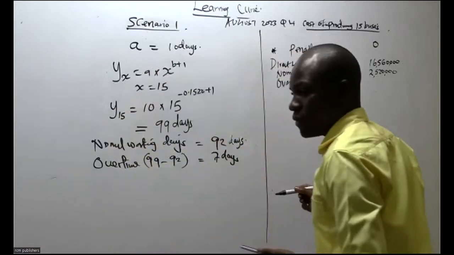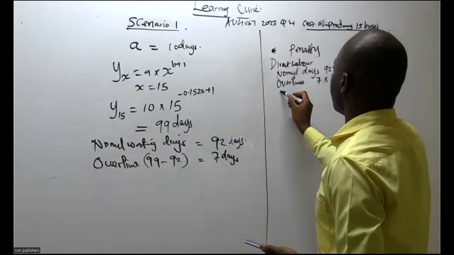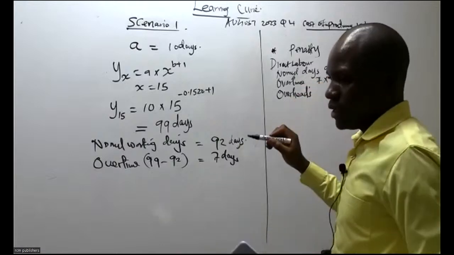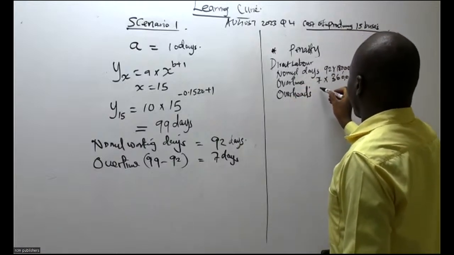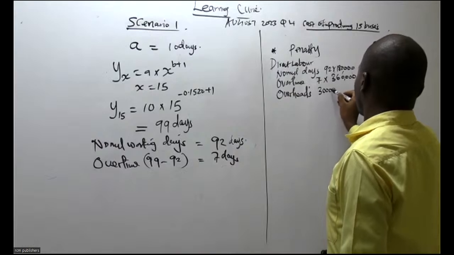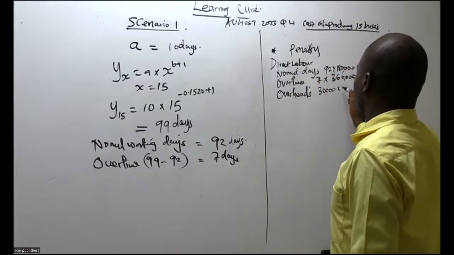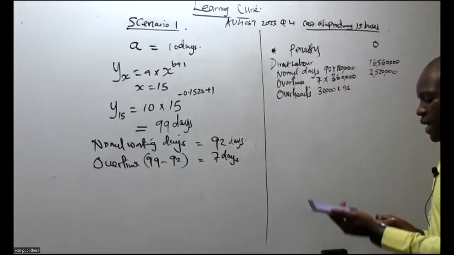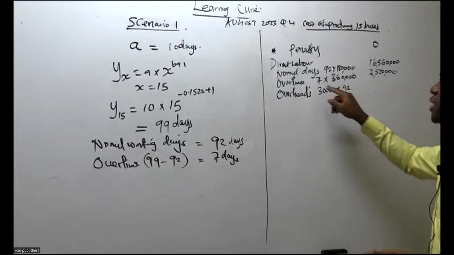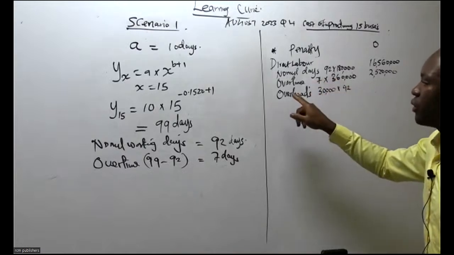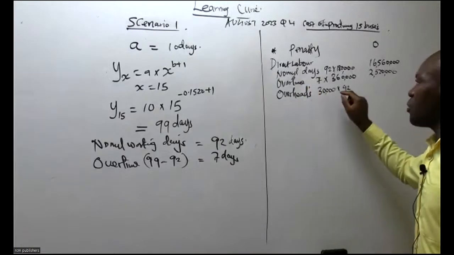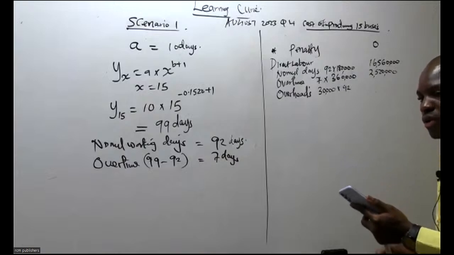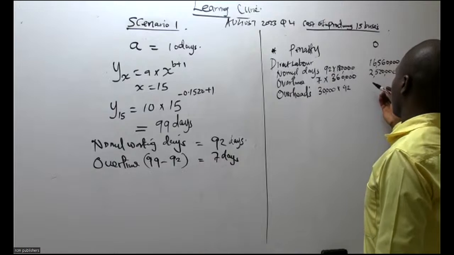So overheads will be allocated at 30,000 per day of the normal working days. The overtime will not be used to allocate the overheads. So how much is the overheads? 30,000 by 92. 2,760,000.